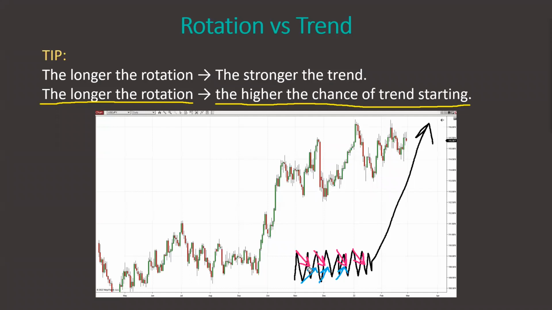But the longer the rotation is taking place, the bigger risk that the price will start trending. So I take a couple of these trades, and then when the risk of a new trend is higher and higher, I just stop doing this. And I'm getting ready for trading in a trend. And obviously trading in a trend is way more different than trading in a rotation. So that's why I'm telling you this.